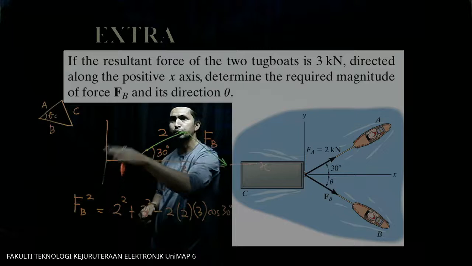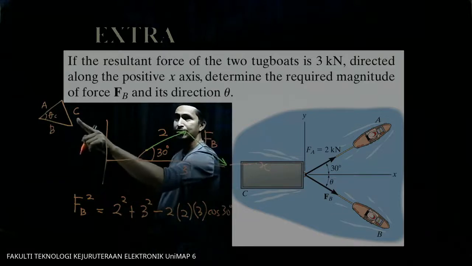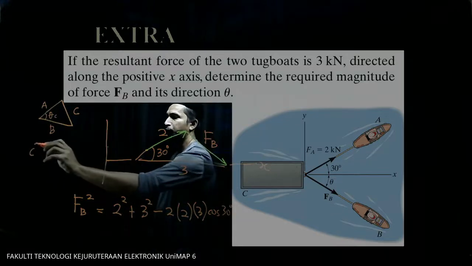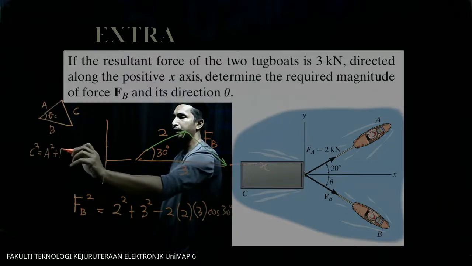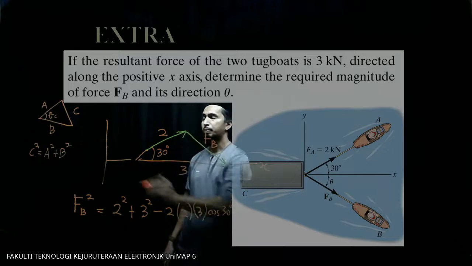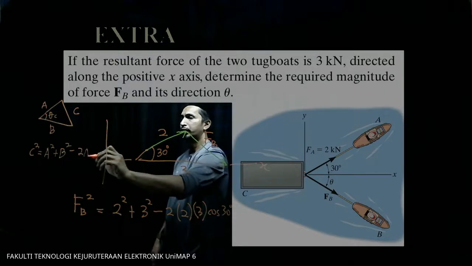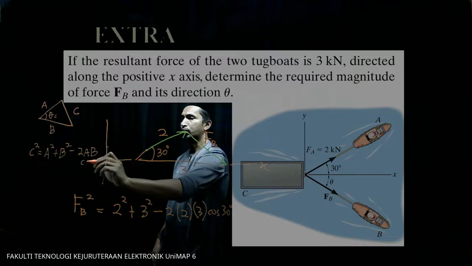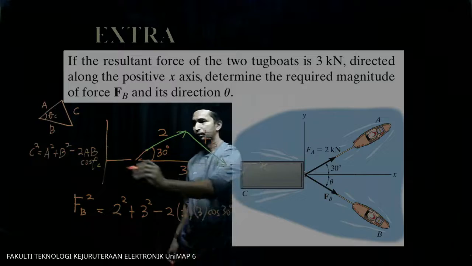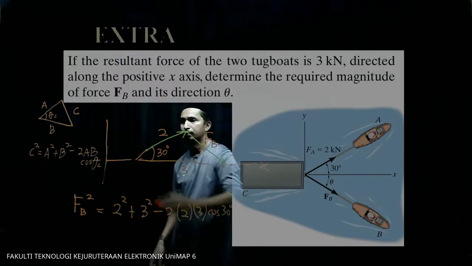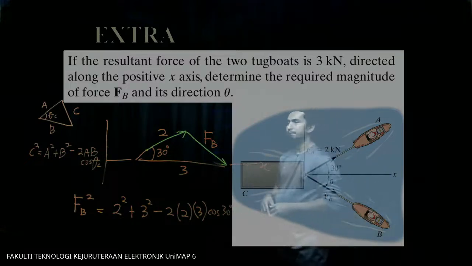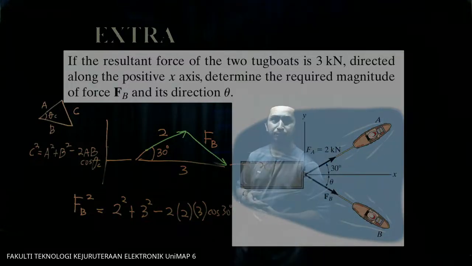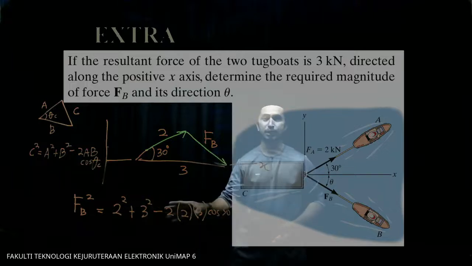So if you want to use the cosine law to find C, C squared equals A squared plus B squared minus 2AB cos theta C. Do you still remember, class? So this is how you use the cosine law.